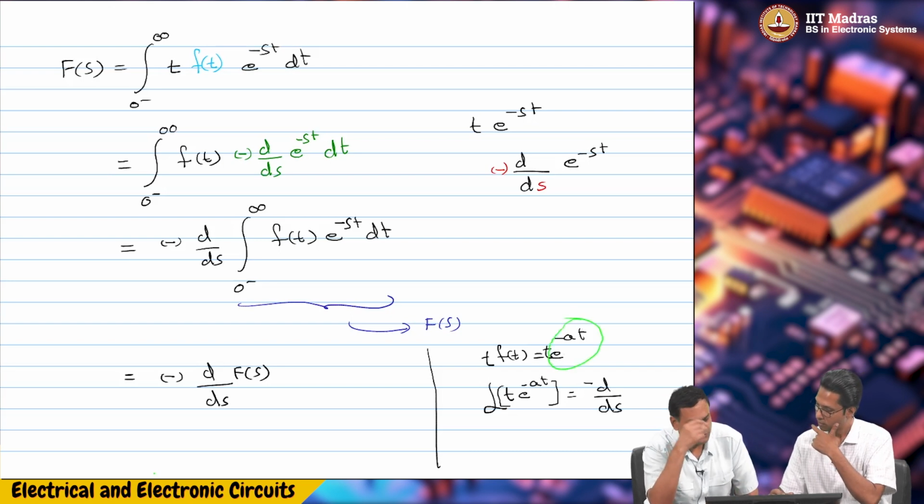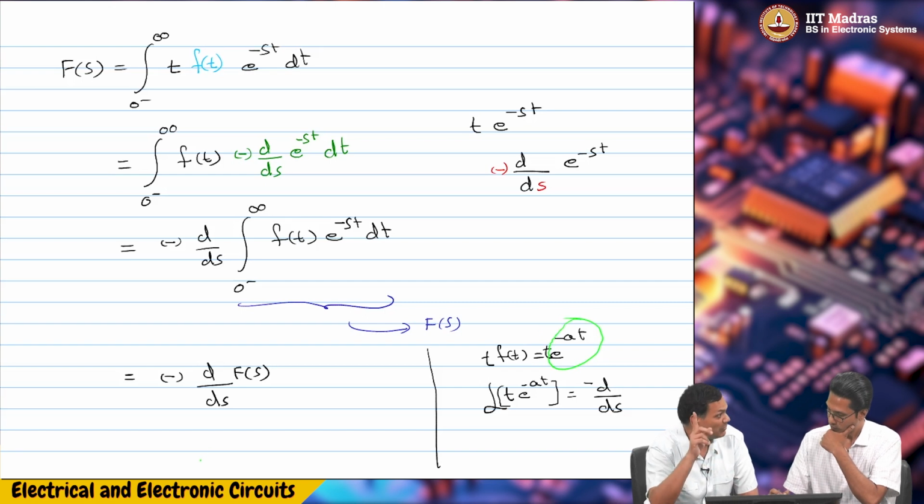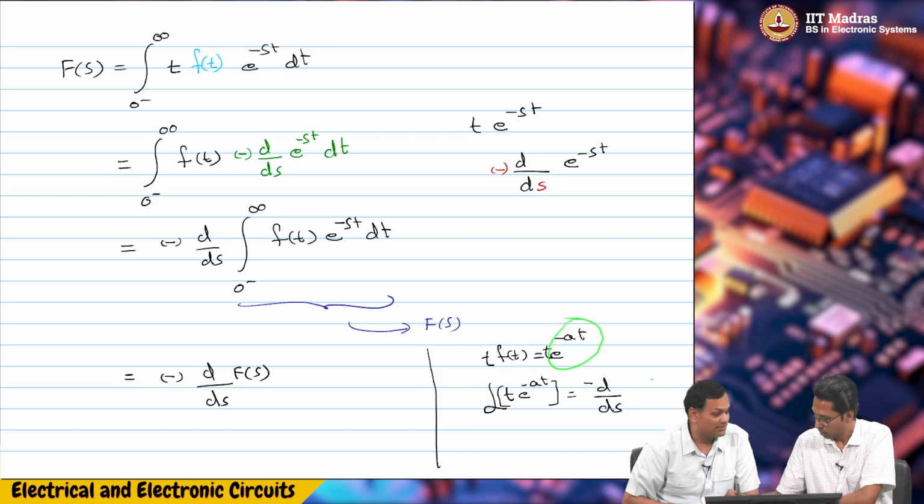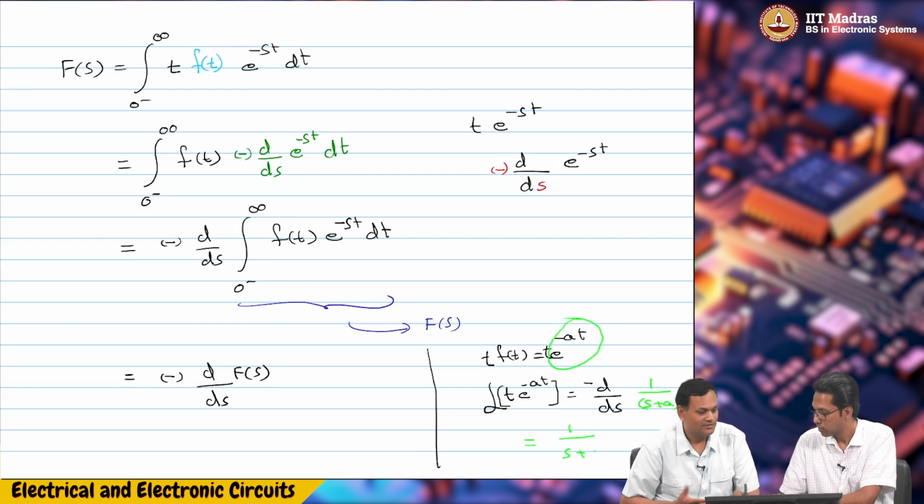So capital F of s is 1 by s plus a. Now this will be minus 1 by s square, and there is a minus sign here, so it will be 1 by s plus a the whole square. Luckily, it is giving us the same answer.